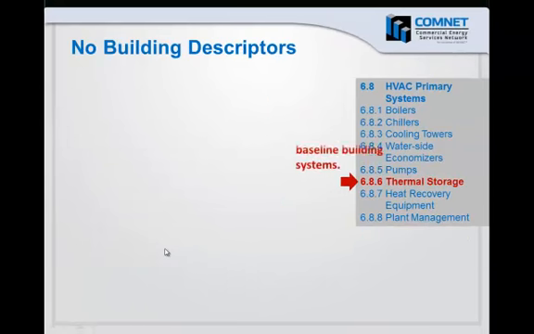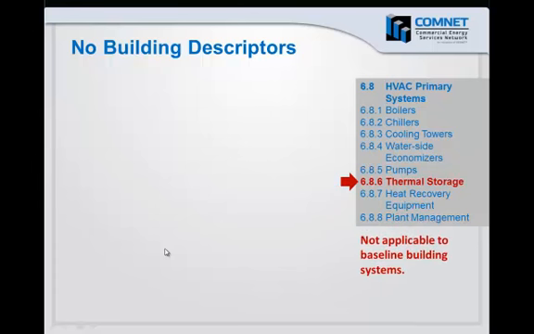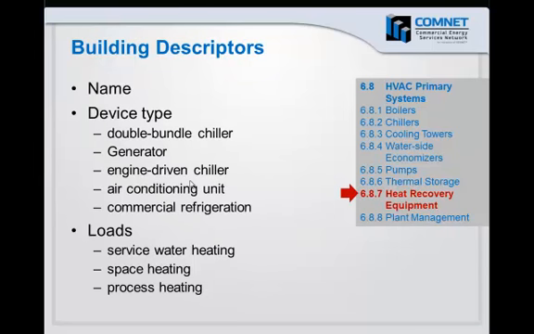Thermal storage is not applicable for the baseline building, and as a result, we really haven't laid out any building descriptors for this. There's many ways to model thermal storage, and at the moment, COMNET really doesn't delve into that in any depth at all. But heat recovery, we do have some building descriptors, but again, this is not applicable for the baseline building system.